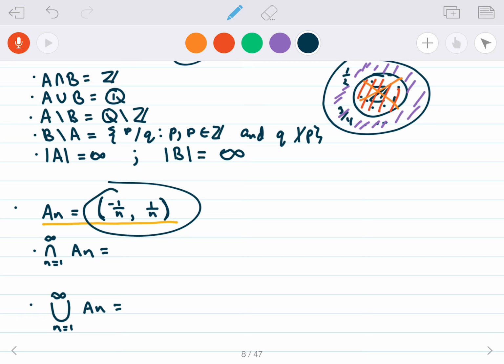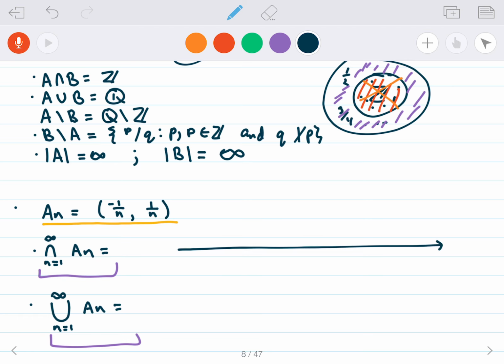So we're not including those endpoints, if you remember that from college algebra. So we can represent these sets on a number line. We're trying to take the infinite intersection and the infinite union of these sets of the form -1 over n to 1 over n.